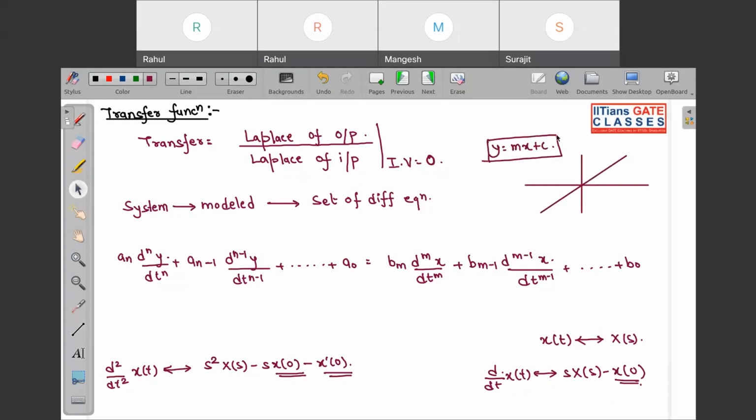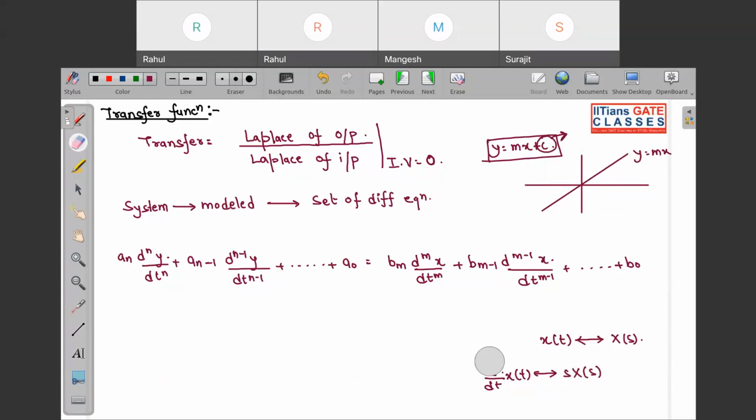So this is not a linear equation. For this to be linear, c needs to become 0, and then y is equal to mx. This c is your constant value, and over here these constant values are basically initial values. So when I take the initial values as 0, your Laplace transform for the differential coefficient becomes like this.